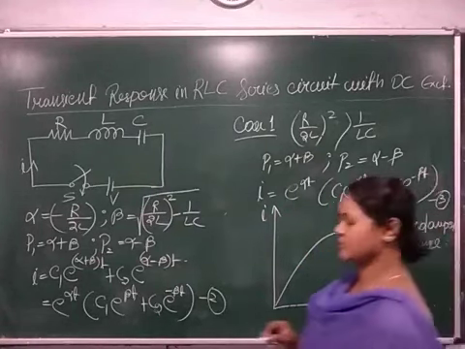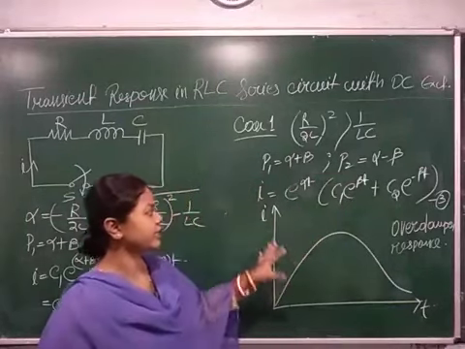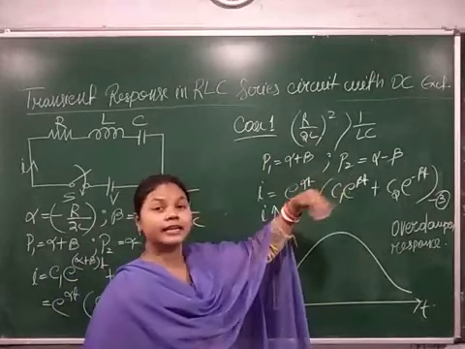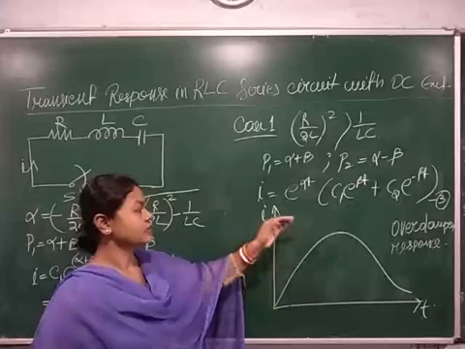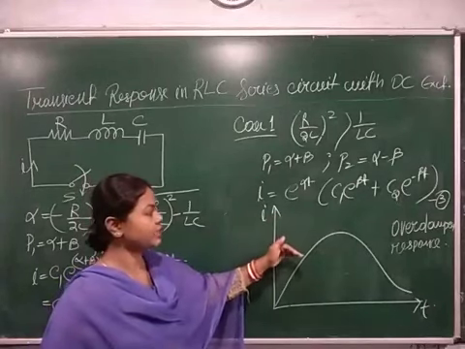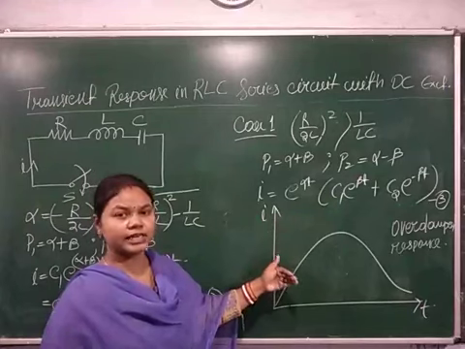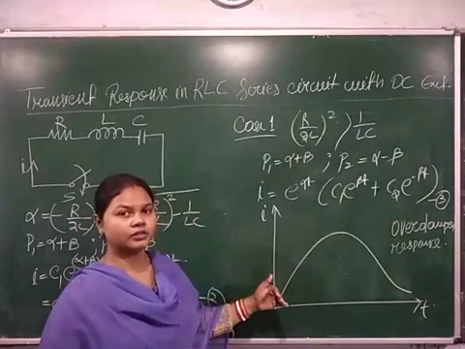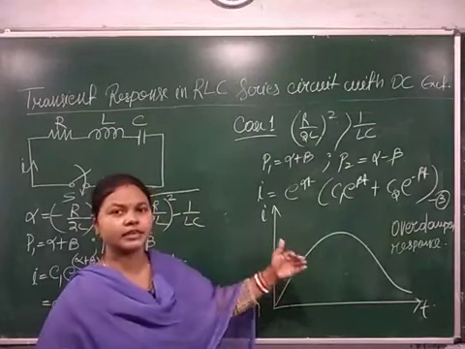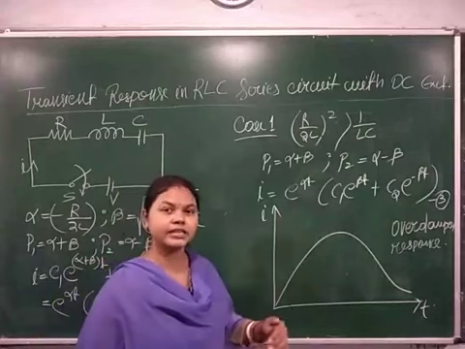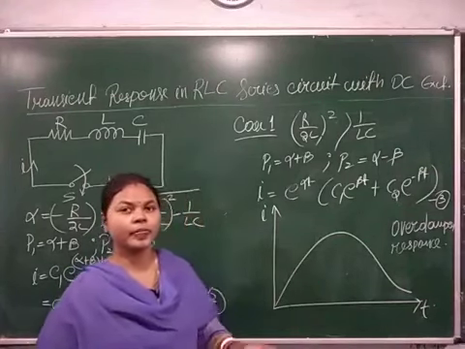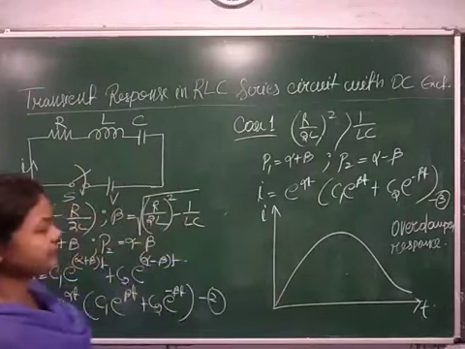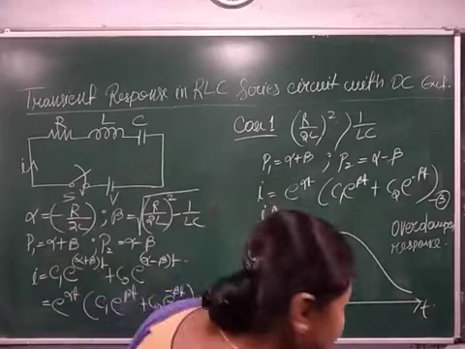So in the overdamped case, where the two roots are real but unequal, the transient response you get is called the overdamped response. In this response, the time constant, that is the time required to reach from the initial to the final state, is larger than in the other cases. It takes much more time to go from the initial stage to the final stage of the response. Next, we discuss the second case.